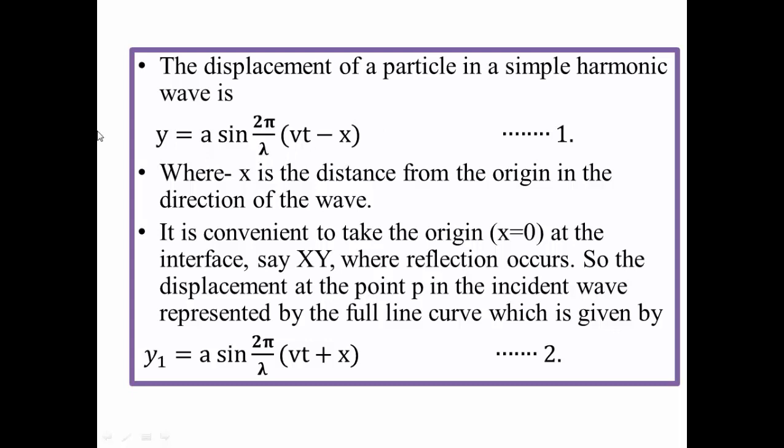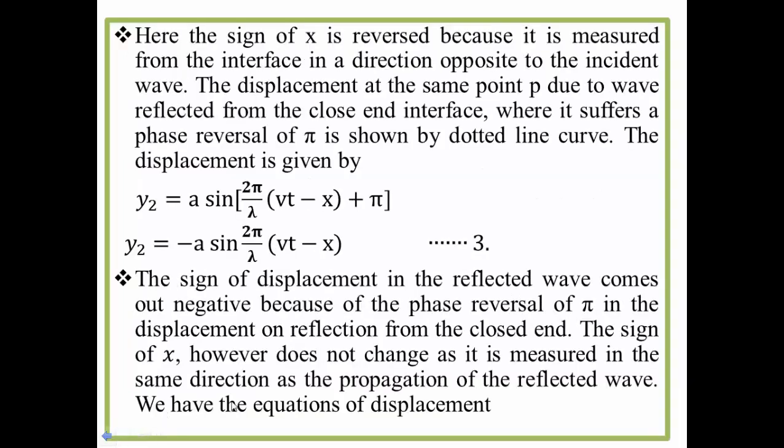This is the general equation of displacement of the particle in simple harmonic motion, where x is the distance from the origin in the direction of the wave. Now it is convenient to take the origin x equal to 0 at the interface.